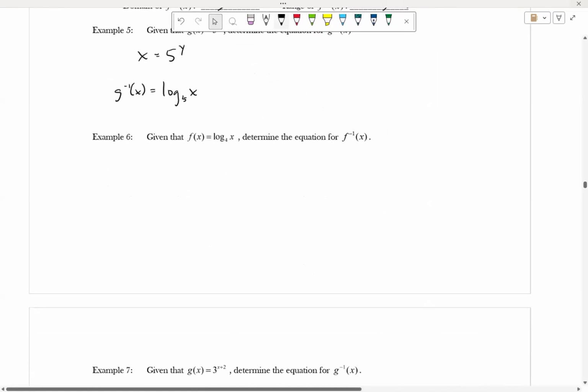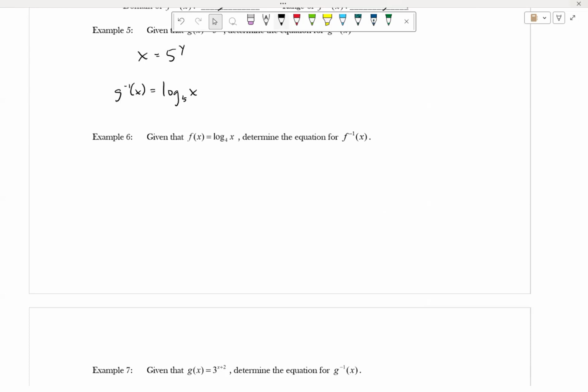Example 6. Did I do this one? Did you get it? Jack, can you help me with example 6, please?